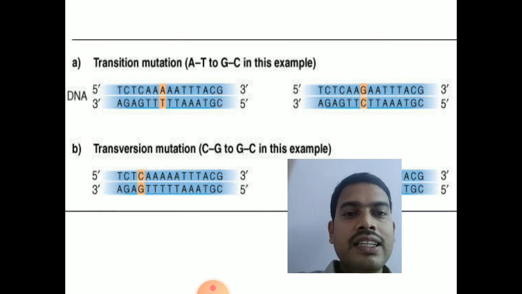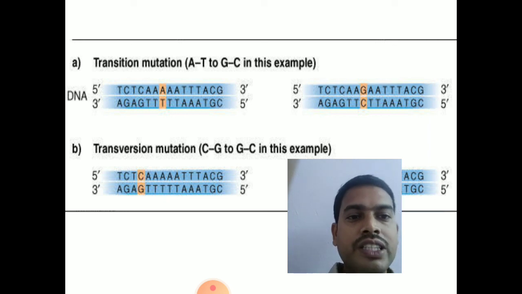You can see in the diagram, adenine is replaced by guanine. Both are purines, so it is a transition mutation. Thymine replaced by cytosine: both are pyrimidines, so it is also a transition mutation.